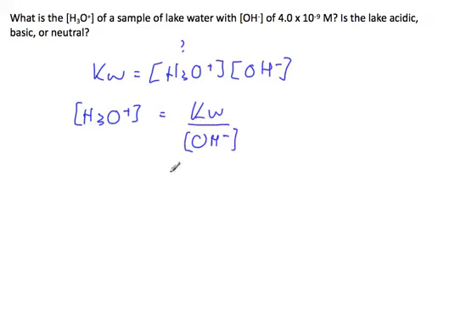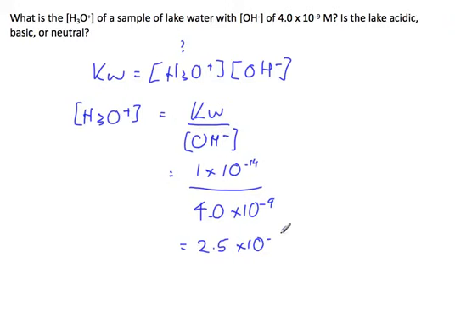And so we just substitute in our values. 1 times 10 to the minus 14 divided by hydroxide ion concentration 4.0 times 10 to the minus 9, and we get a hydronium concentration of 2.5 times 10 to the minus 6 moles per liter. So that's the hydronium ion concentration.